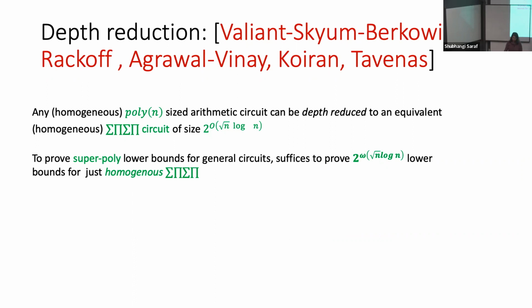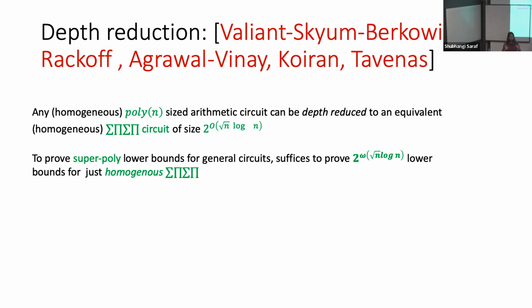So in Tavenas, building upon work of Koiran, building upon Agarwal Vinay, which built upon the classical work of Valiant et al., it has been shown in all these sequence of works that if you take a general circuit, you can squash it down to a bounded depth circuit without too much of a blow up in size.